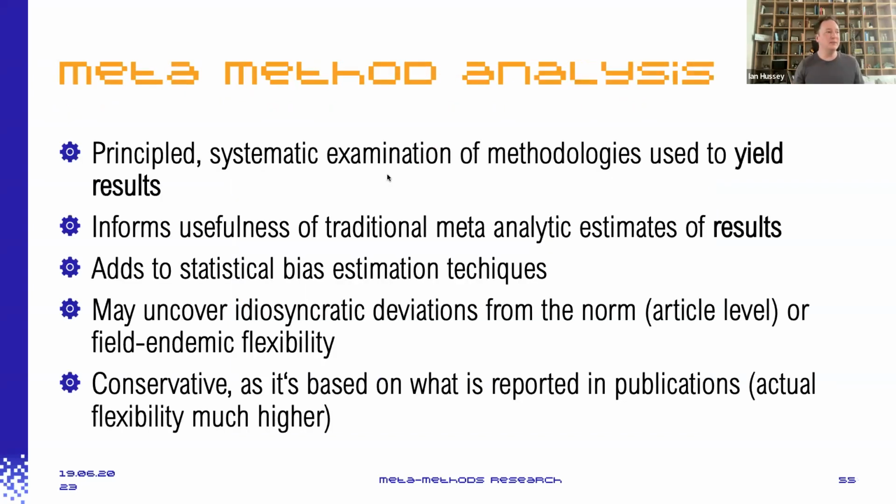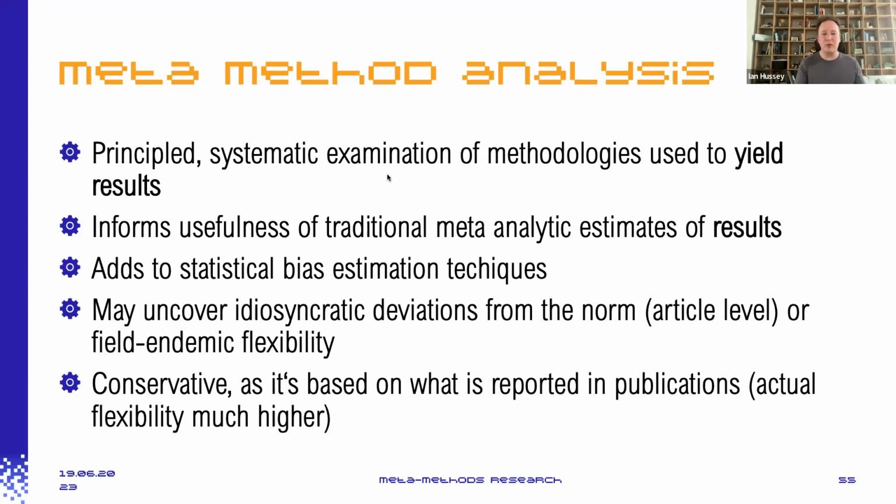So how can they be used in future? Principled systematic examinations of methodologies such as these and others can be used to yield results that can at least inform the degree to which we can synthesize work like this.